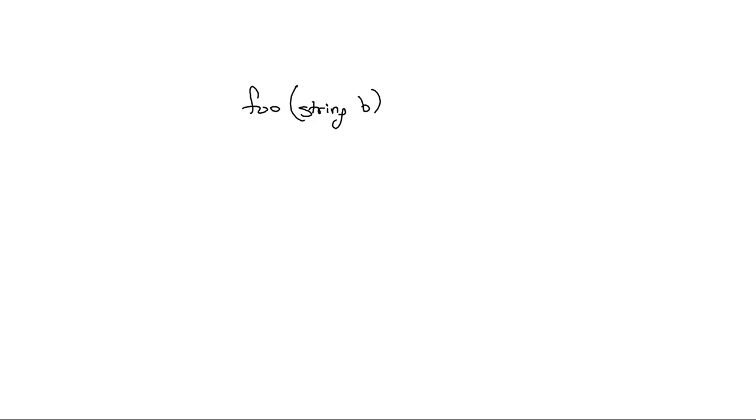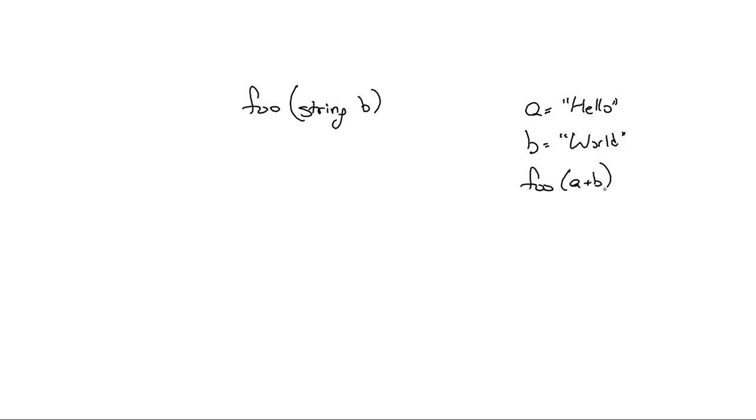Now, suppose we have a string A, which is equal to hello, and some string B, which is equal to world. And suppose we call foo using A plus B. Now, again, assume that operator plus is overloaded for strings and whatever, but the concept here is what's important.